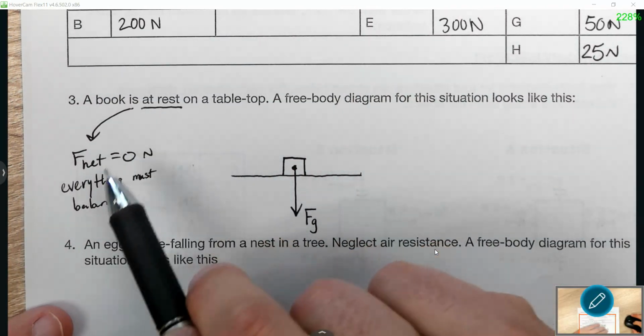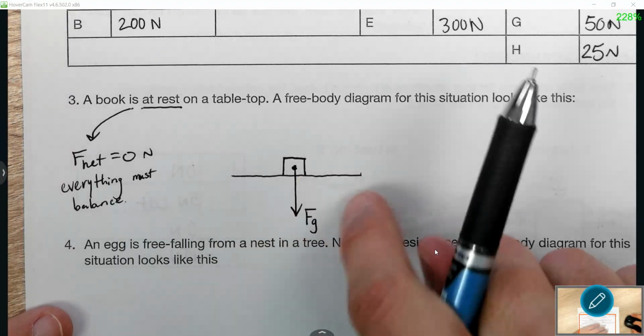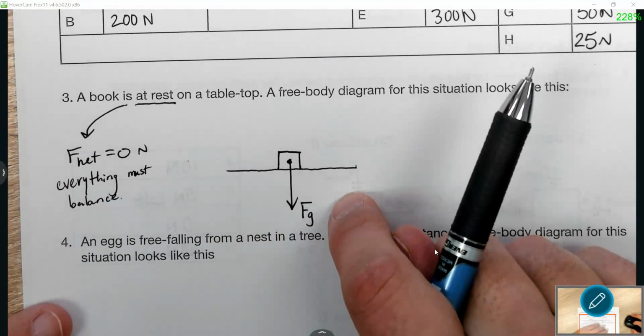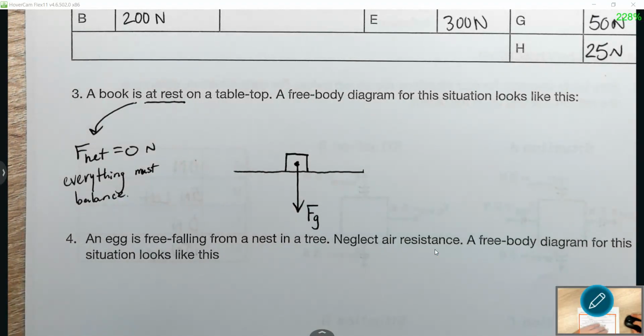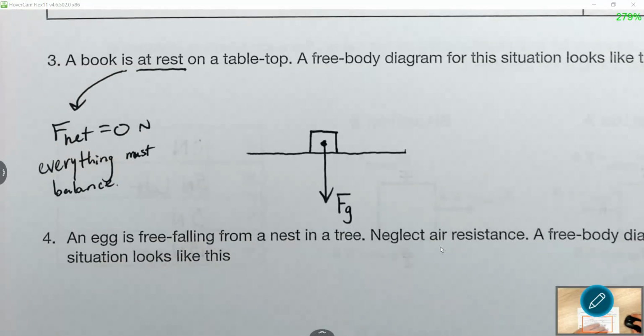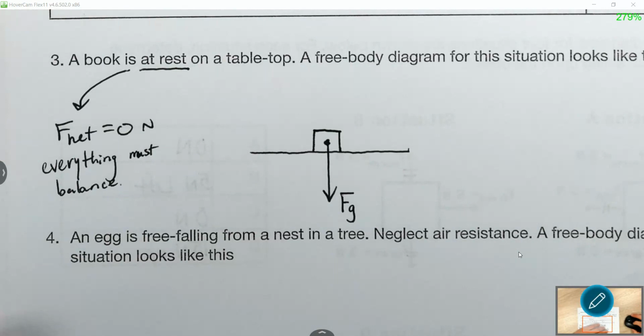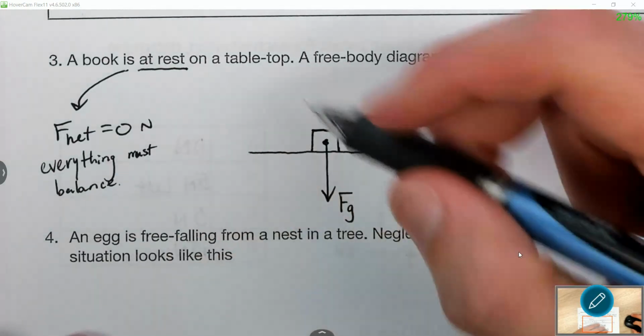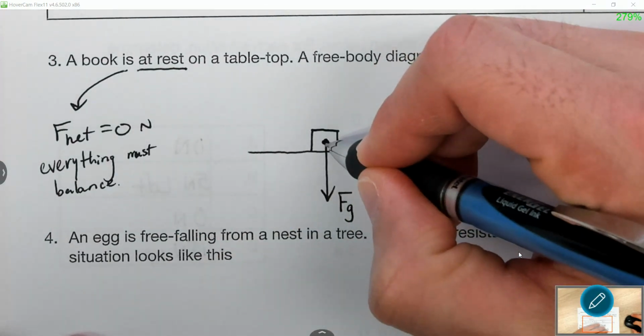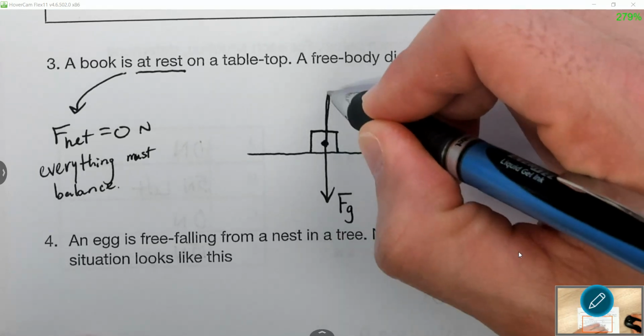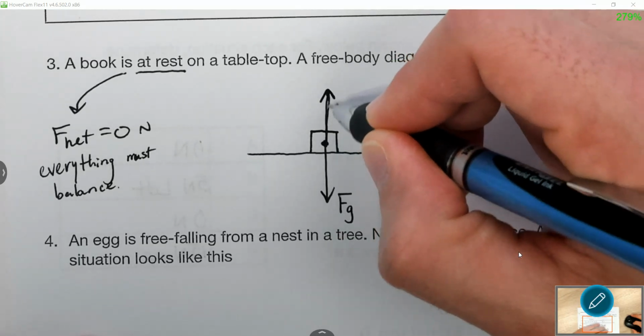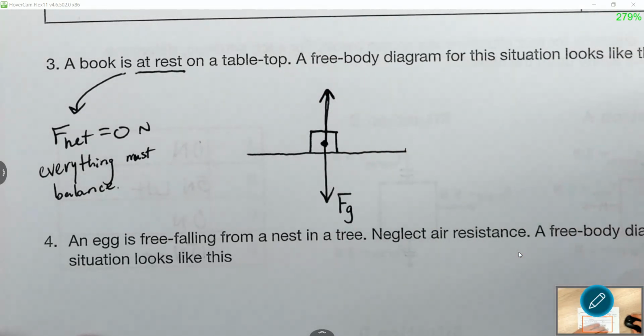Now it's at rest, so that means the net force is going to be 0. If I just left it like this, is this balanced? No, right? To balance, you need to have two things that are equal and opposite. Well, if we just left it like that, this answer would be incorrect. So the net force has to be 0. So that means we have to have a force going upwards. All right, approximately the same length. Now, what would that one be?